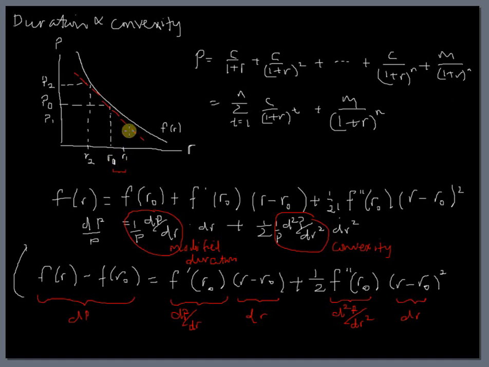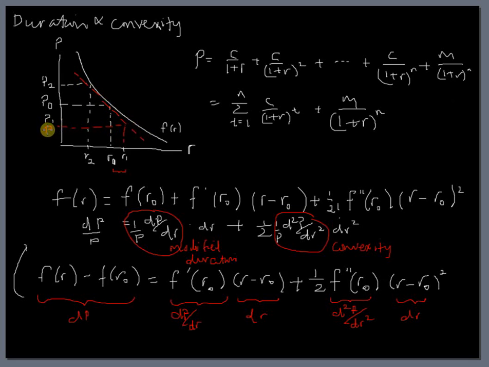Okay, and we are expecting the change in the price from P0 to P1 to be approximately equal to the gradient multiplied by the change in R, which will bring us to this point. We draw R1 to this tangent here, which will bring us to this point.